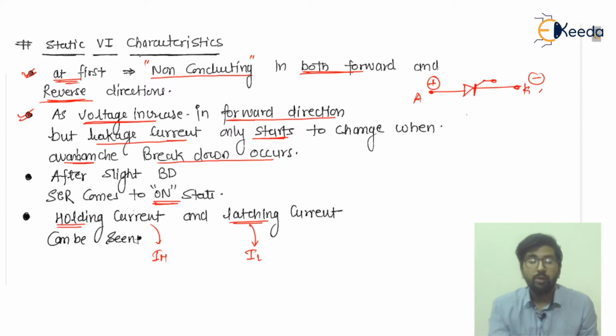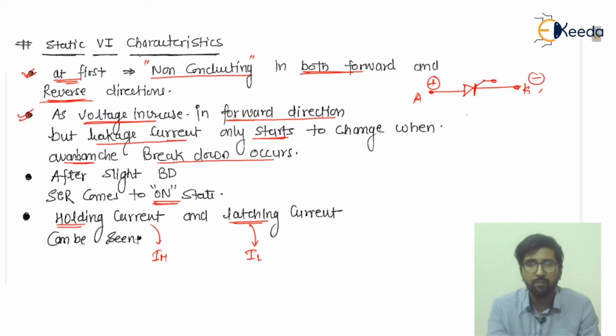If we want the SCR to be in the on state, the minimum current that can flow for the on state is the holding current. And what is the latching current? If we want the SCR to be in the off state, then the minimum current below which it will be off is the latching current. Okay, latch. Okay, it has been latched.